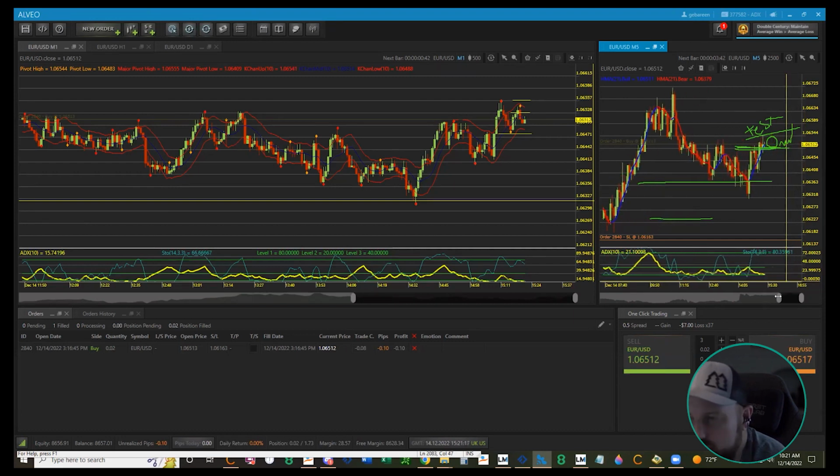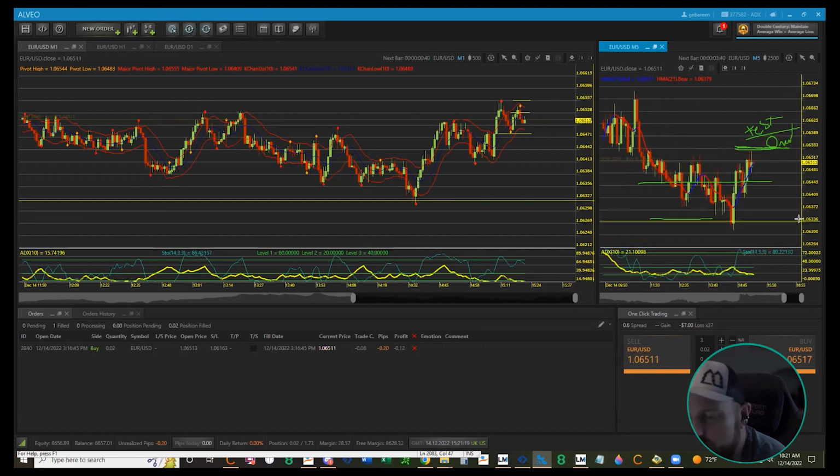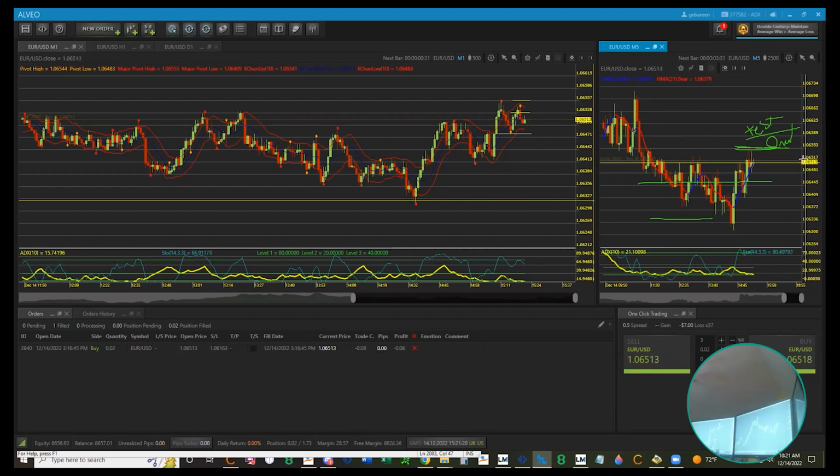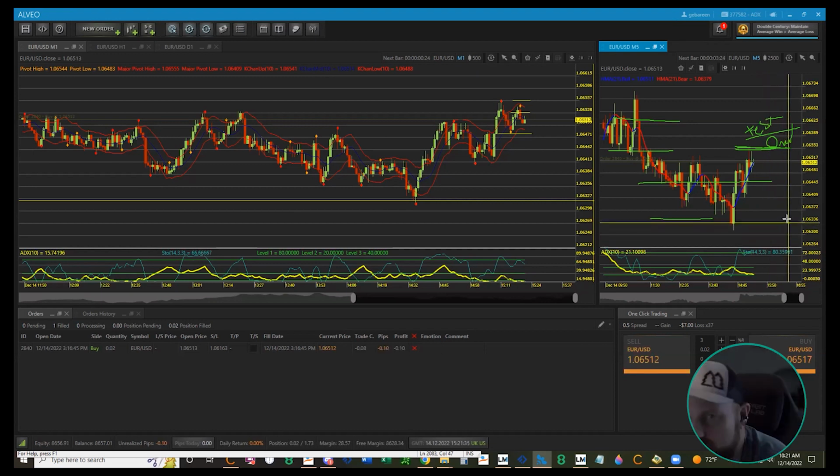So for me, I would be looking at that as my personal bias, where I think it's going to try to move higher and play up into these ranges, and play up into here. That would be my bias, and that's what I'd be looking for. And then I'd also know where that fails.